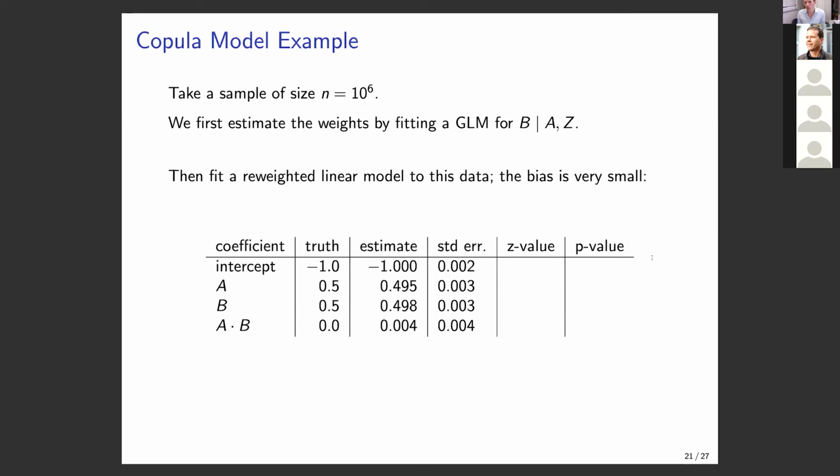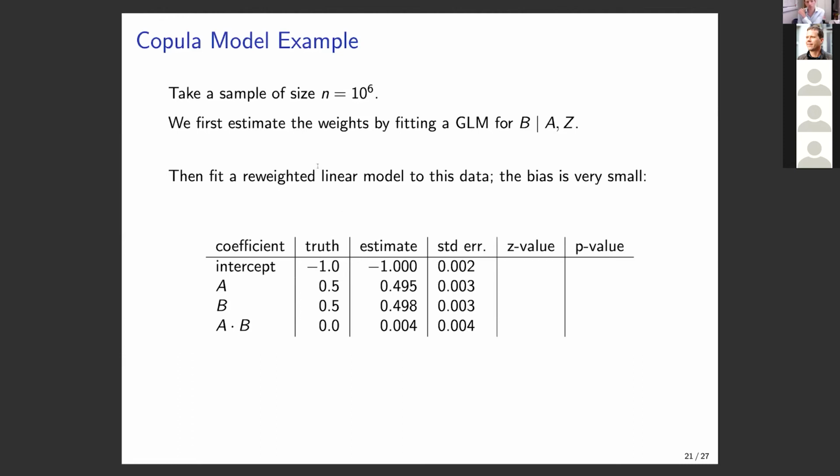Okay, and we can simulate very quickly from this model, in fact, because rejection sampling is very efficient in small dimensions. So I'll take a sample size of 1 million, and then we're going to estimate the weights. I'm going to use inverse probability weighting to check that the model is correct.